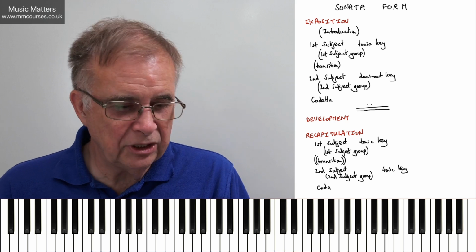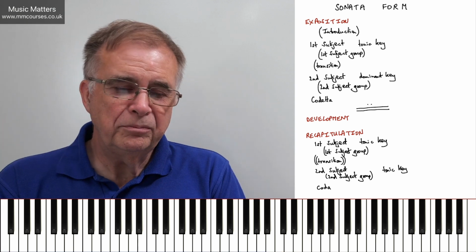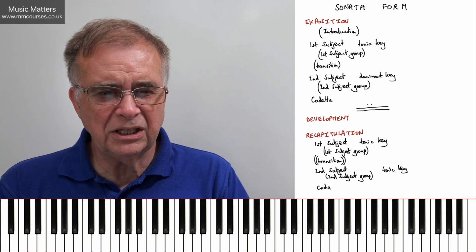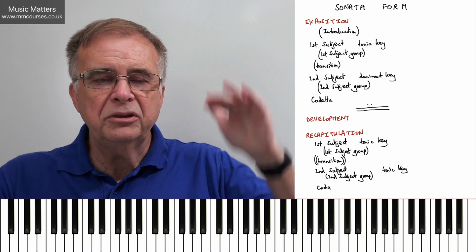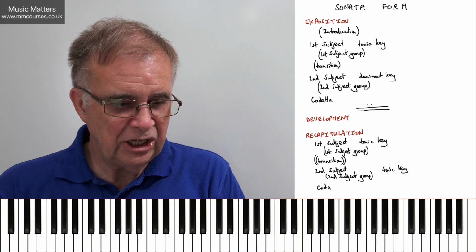You don't have to have a coda, but this time again, I've not put it in brackets for the same reason that I didn't put codetta in brackets at the end of the exposition, because it's maybe something that's more likely to happen than a first subject group, a second subject group, in terms of finishing off the thing.